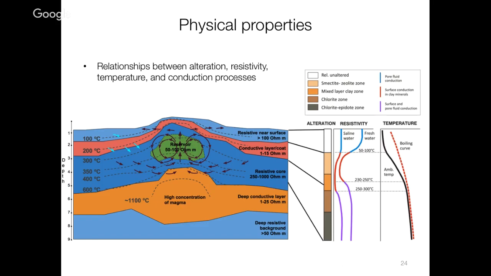In addition, there's hydrothermal circulation going in through here with hot water, and that is actually reducing the resistivity of this region. So this is resistive, this is resistive, the clay is very conductive, your reservoir is more conductive than this, and then you've got the heat source.